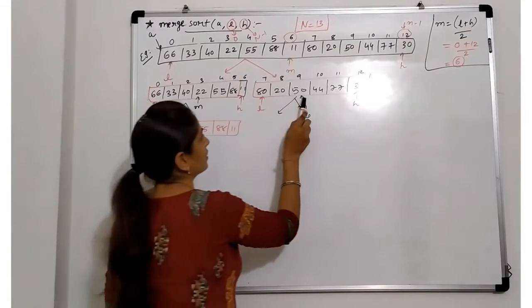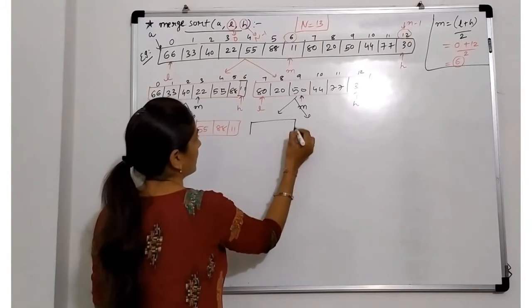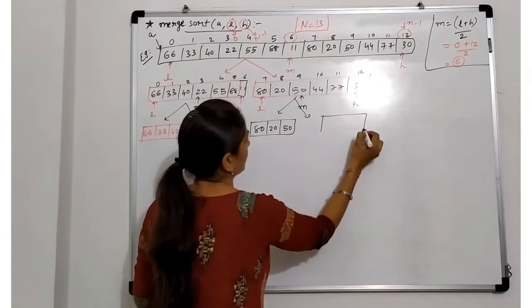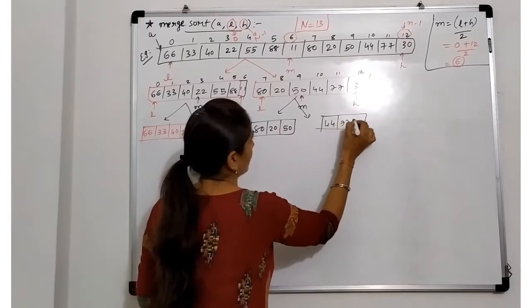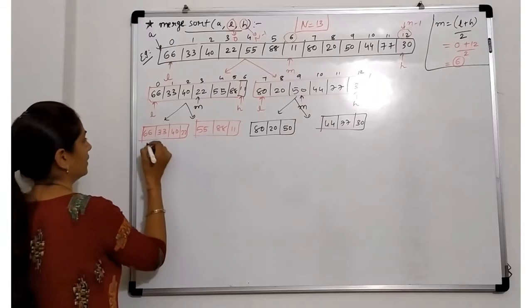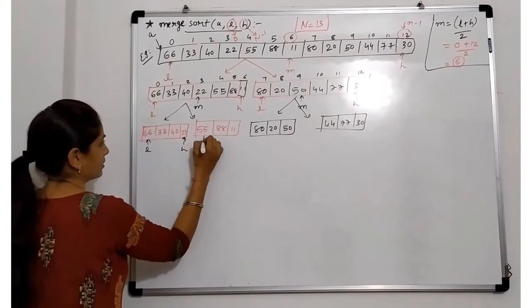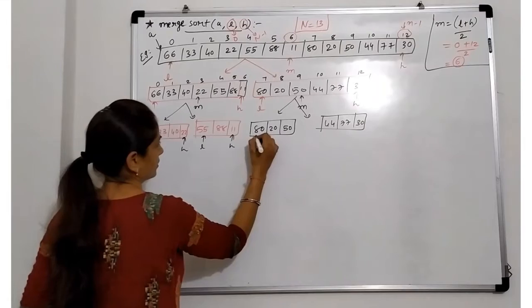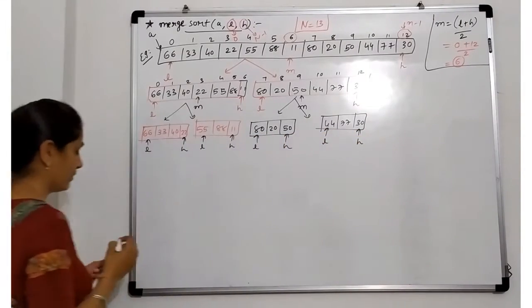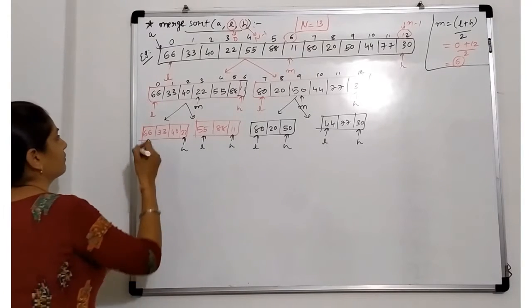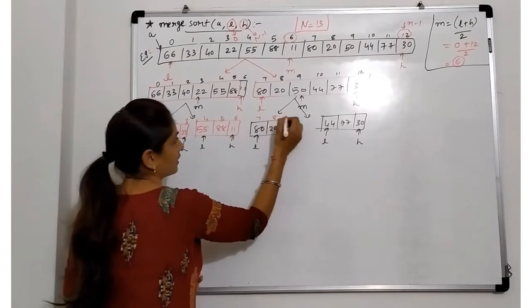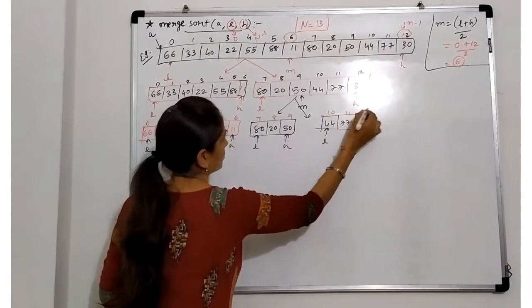Same process here, L to M. The first part is 80, 20, 50, and the second part is 44, 77 and 30. The same process is repeated for these four parts. Here L, H, L, H. We have to find M. For that we write down the indexes 0 to 12.